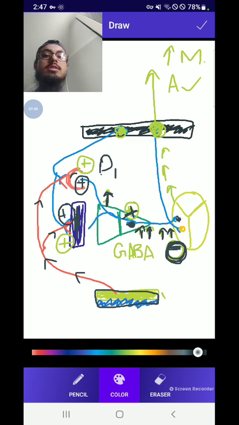GABA receptors inhibit the signal, and the local reactions are stimulated. So a lot of action potential goes up towards the cortex.